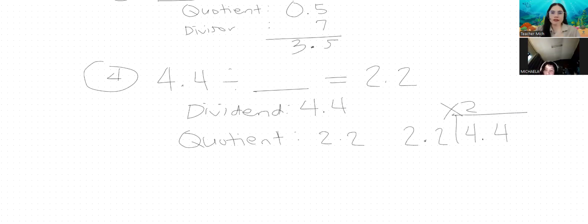Micaela, if there is what we call a decimal point outside our long division symbol, we need to move it until it becomes a whole number. So we need to move this one until it becomes a whole number.